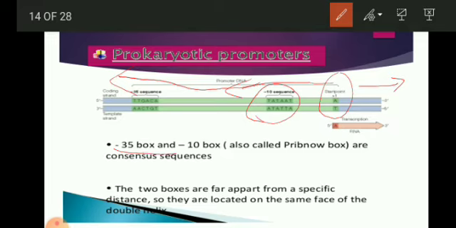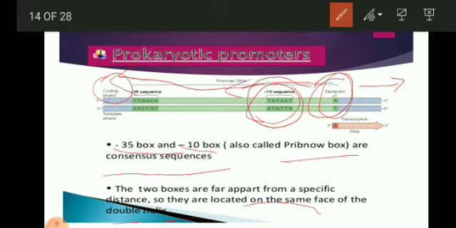So the -35 box and -10 box are called Pribnow boxes, and they are consensus sequences. The two boxes are a specific distance apart. They are located on the same face of the double helix, like at the coding strand. So from this starting point, the RNA polymerase identifies these sequences and attaches over them to start the transcription.